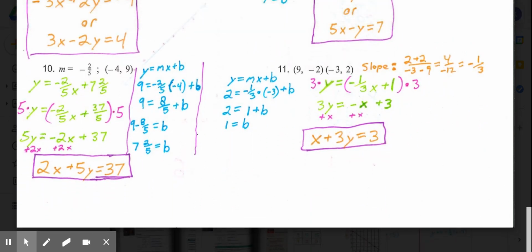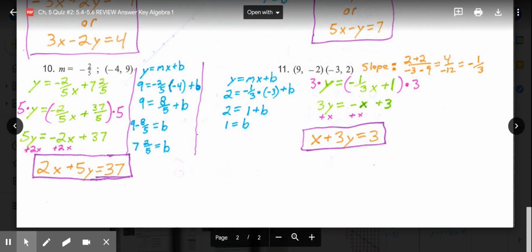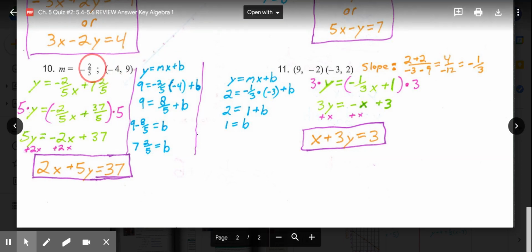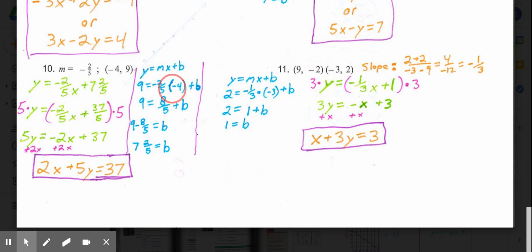Then in 10 and 11, number 10, m equals negative 2/5, and then the point negative 4, 9. So again, we need to set it up to solve for b. So y equals mx plus b, plugging in the info we know, m, x, and y. So 9 equals negative 2/5 times negative 4 plus b. Negative 2/5 times a negative 4 is a positive 8/5.